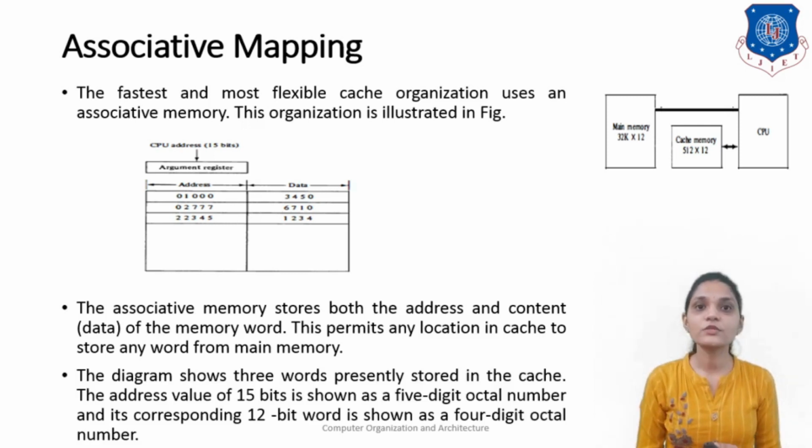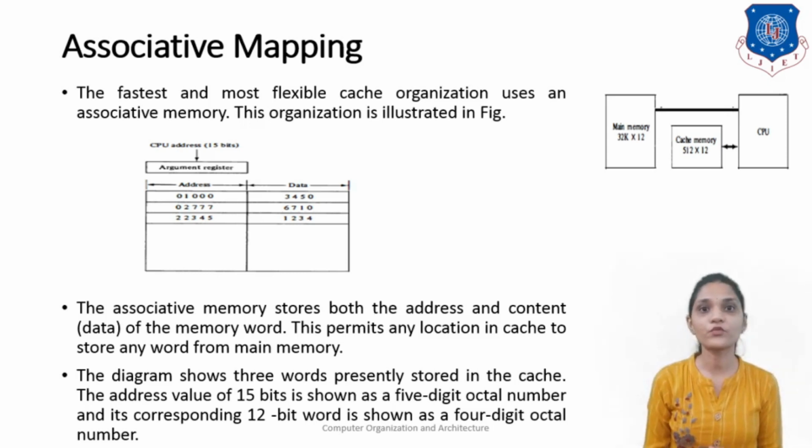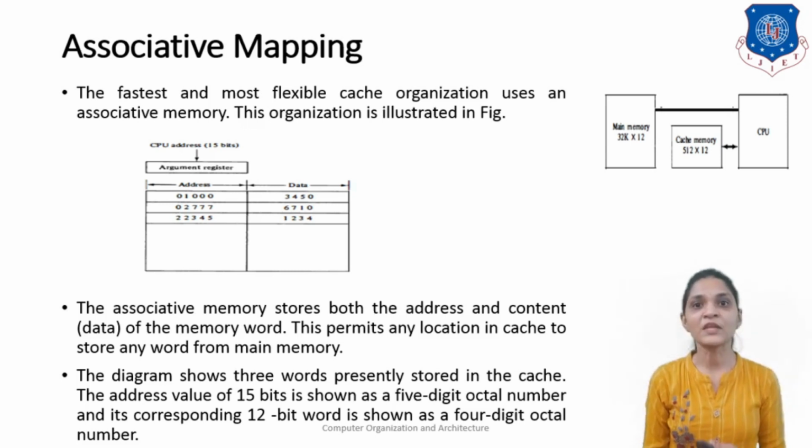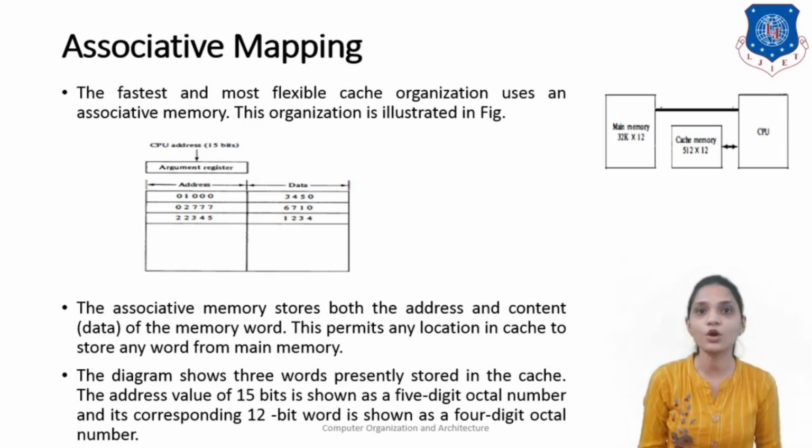The diagram shows the three words presently stored in the cache. The address value of 15 bits is shown as a 5-digit octal number, and its corresponding 12-bit word is shown as a 4-digit octal number. So each address of 5 octal digits and its content of 4 octal digits is stored in the cache memory.